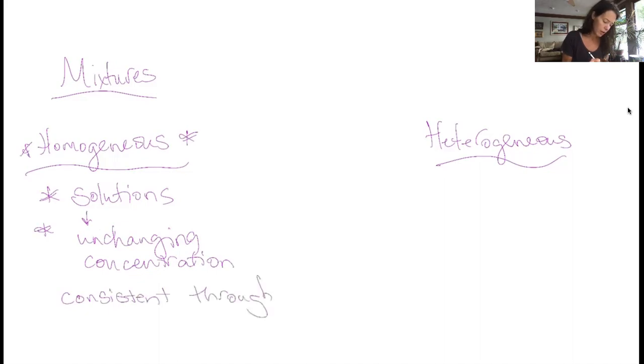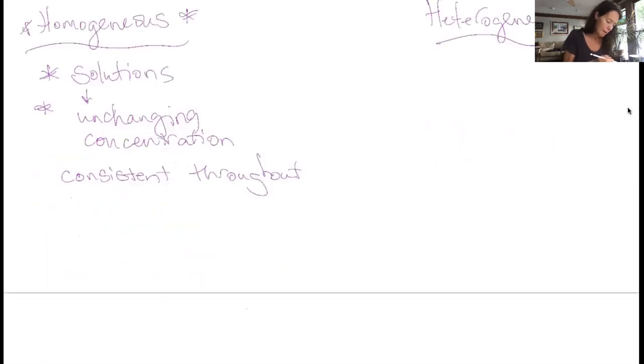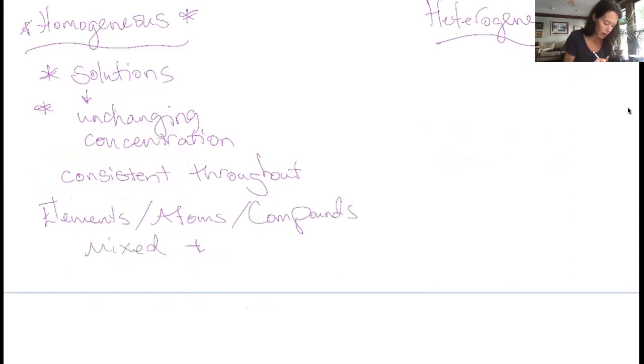And what we have here is elements or atoms or compounds mixed together, but not chemically bonded together, right? So they can be separated physically.